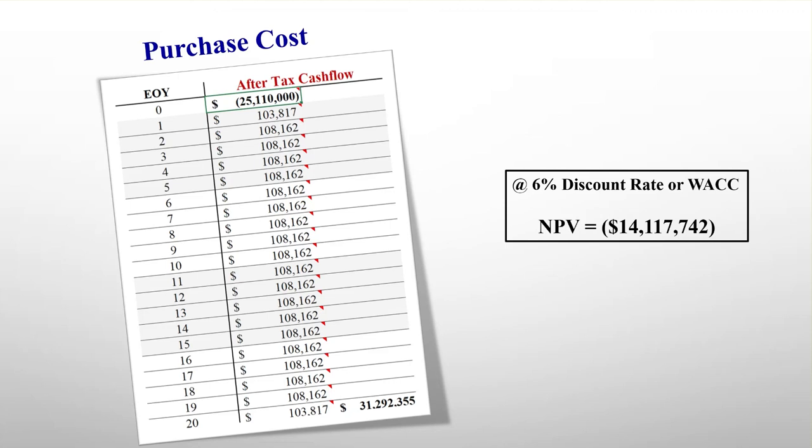So then we move on to finding the net present value of the cost of purchase. To do that, we start with our initial investment and all the costs associated with the acquisition of the property. In an ownership scenario, we really don't have a potential rental income, so therefore we don't have an NOI or a net operating income.